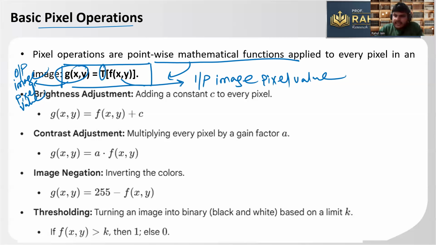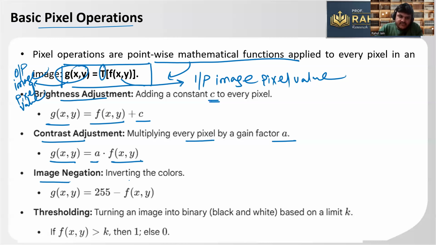Now, the types of basic pixel operations. Brightness adjustment adds a constant C to every pixel, so g(x,y) = f(x,y) + C, where C is a constant. Contrast adjustment multiplies every pixel by a gain factor A, or alpha, so g(x,y) = alpha times f(x,y).